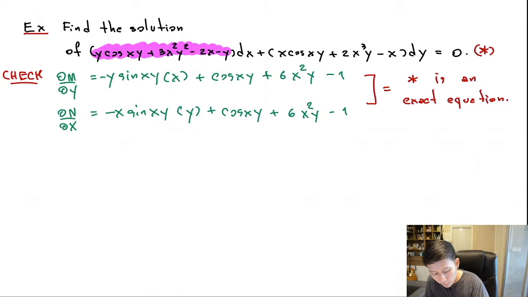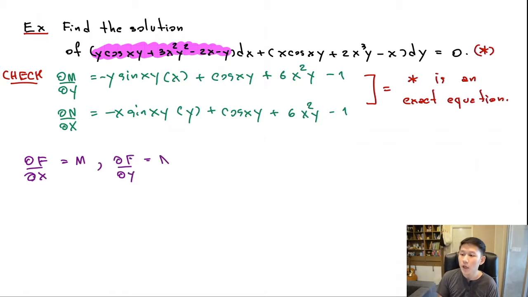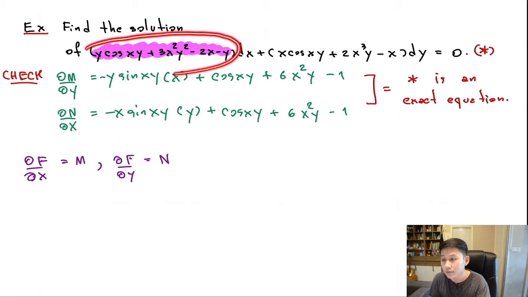So if you begin with df by dx equals M, it means that you need to integrate this function by x, and that's not a big problem. It's not a big problem.